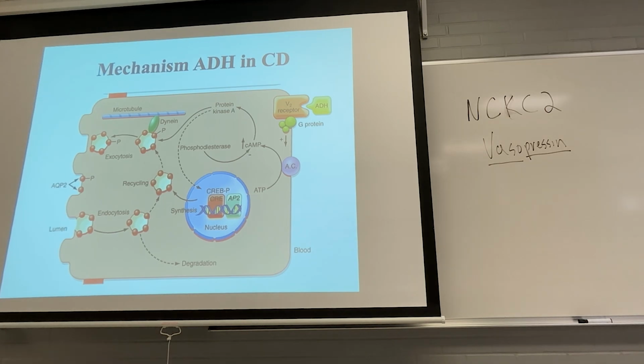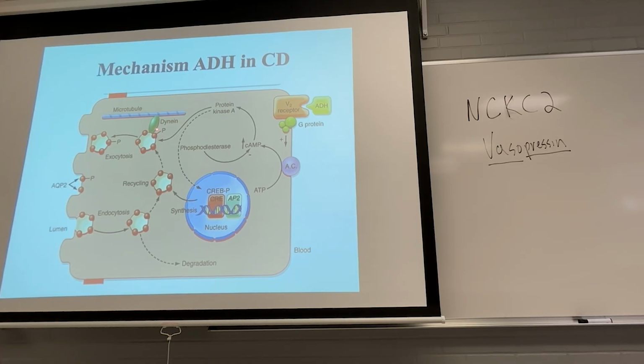So these cells are always producing a few vesicles that are filled with aquaporin, aquaporin 2 to be exact. And protein kinase A targets the aquaporins, and it will phosphorylate a serine amino acid on the aquaporin protein, which will light it up.